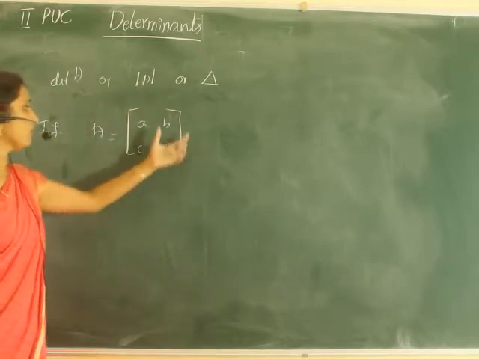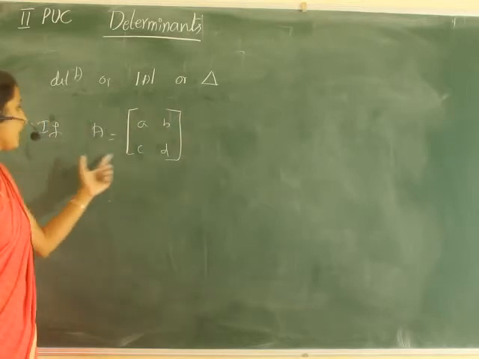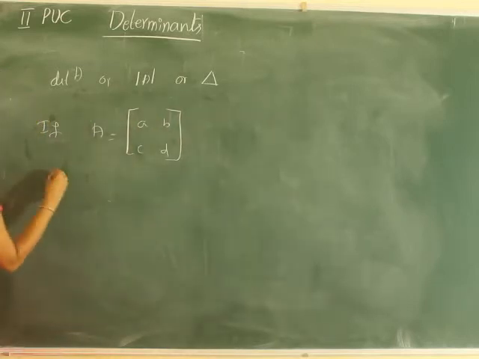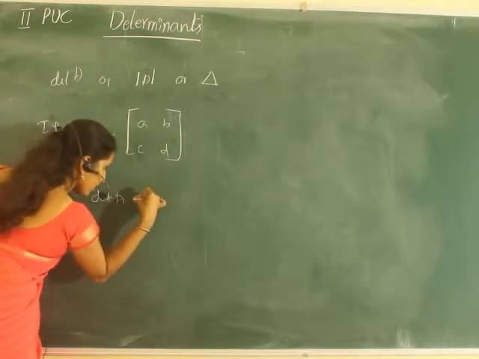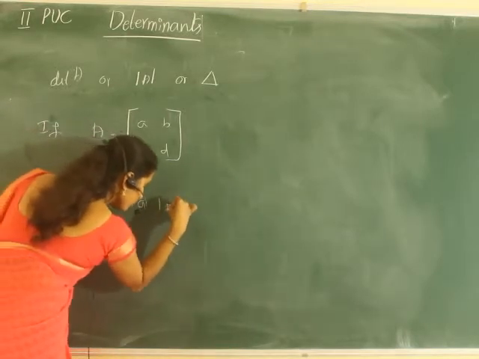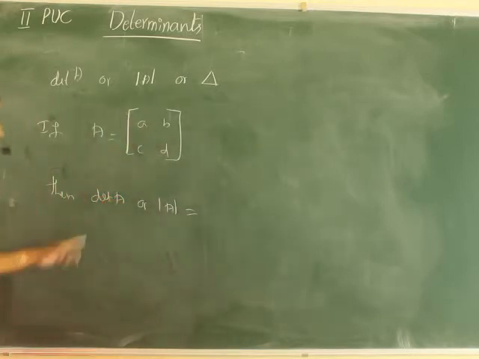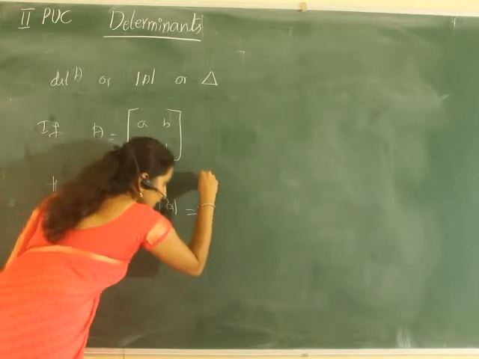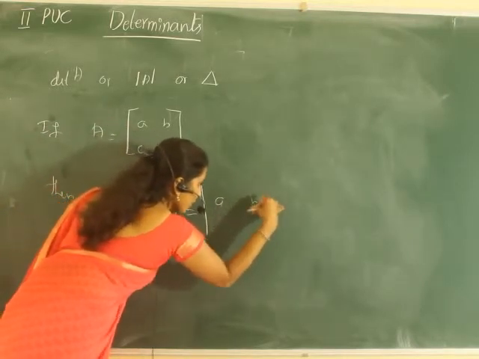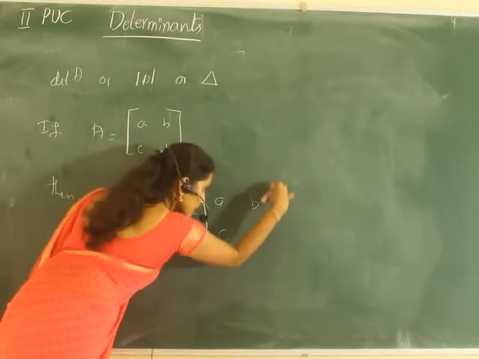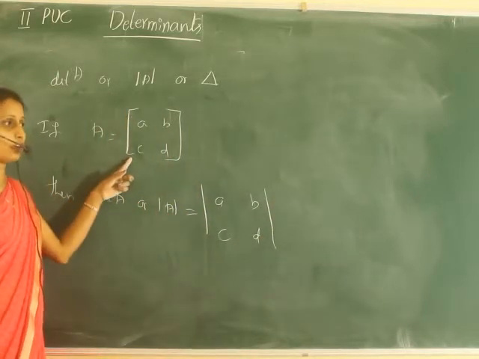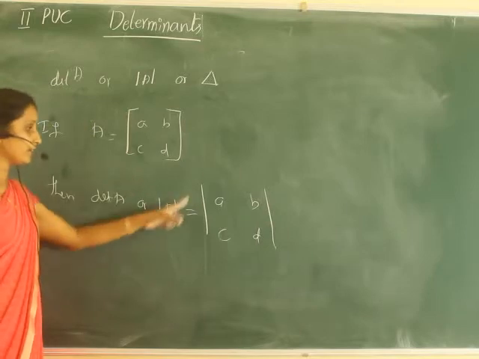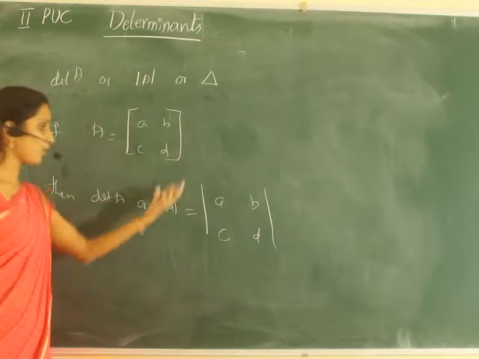One more thing: when the matrix itself is given, A is a matrix, then determinant of A equals the determinant of the matrix with entries A, B, C, D. Here we write a square bracket for the matrix, but for the determinant it is just a modulus sign.